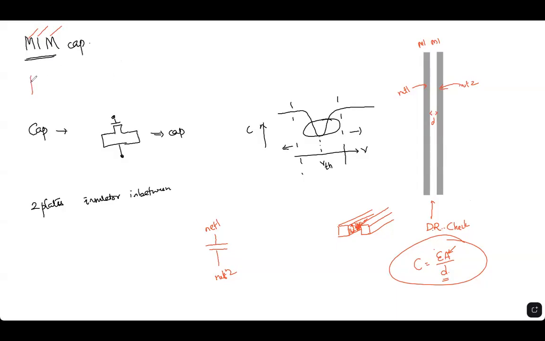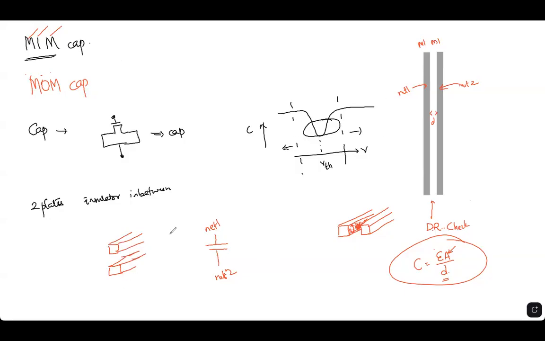There is also something known as MOM cap. Metal over metal, meaning there is a metal and on top of which there will be another metal at a higher level.